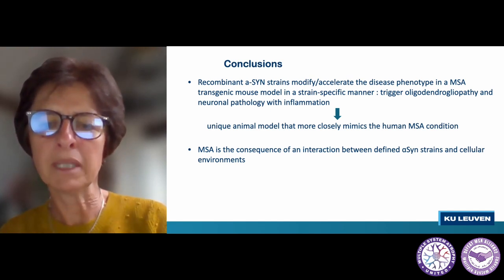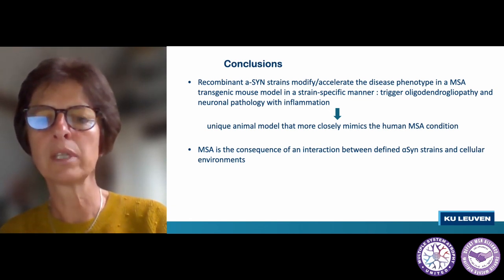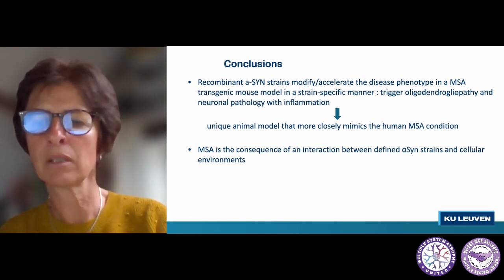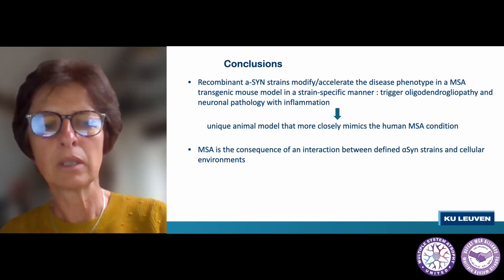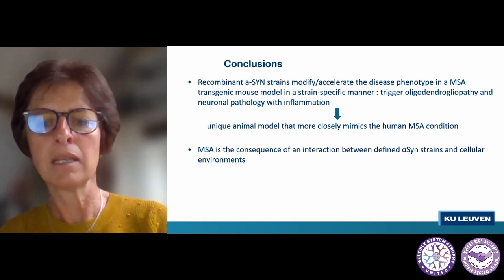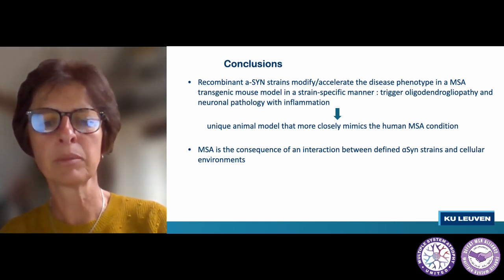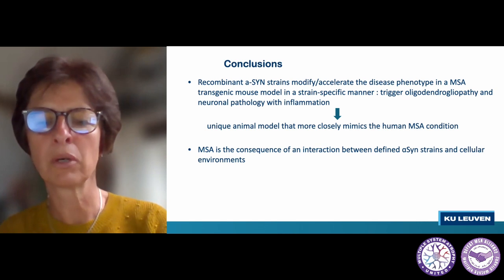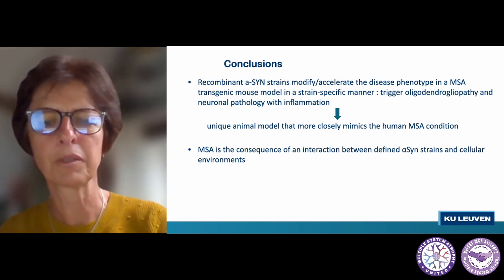And so we think that the combination of these strains in the transgenic animal generates a unique animal model that more closely mimics the human MSA condition than the transgenic animal model alone. We also think that we have some indication now that MSA might be the consequence of an interaction between specific alpha-synuclein strains and the specific cellular environment. And so we hope that this will give some more information on the specific disease mechanism in multiple system atrophy.